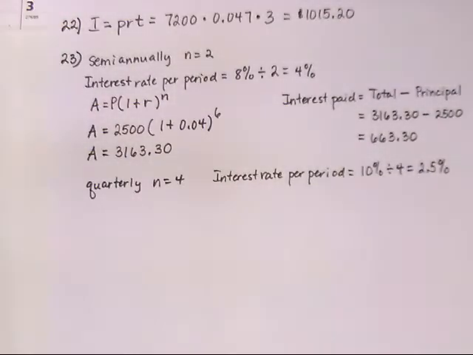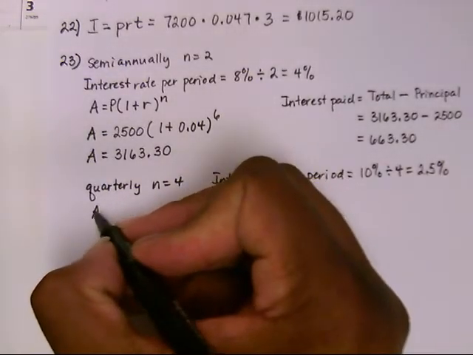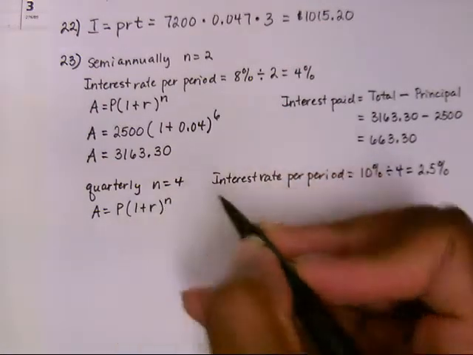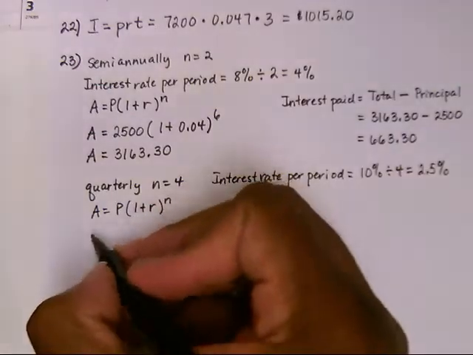Right, and now let's find out what the amount is going to be using A is equal to P times 1 plus R raised to the n. And then we're going to simplify that.